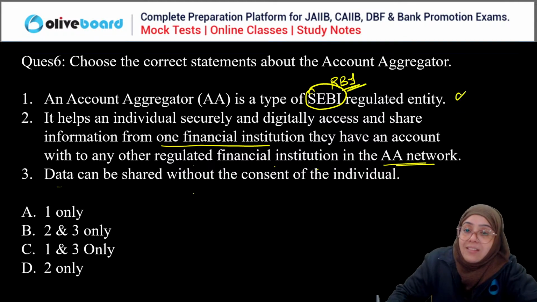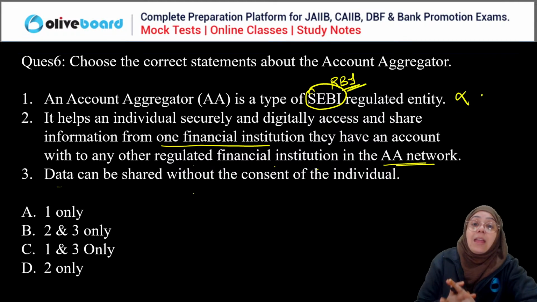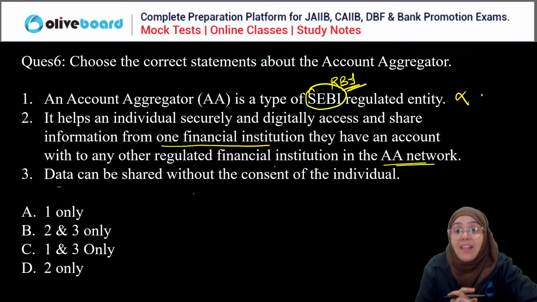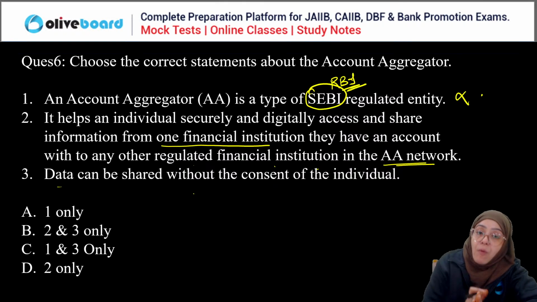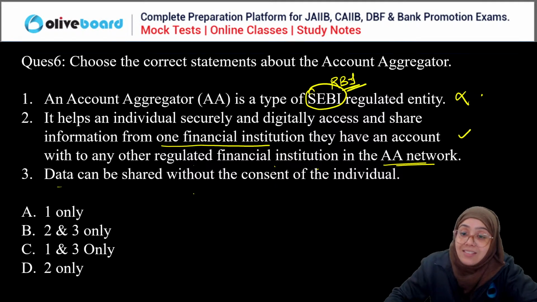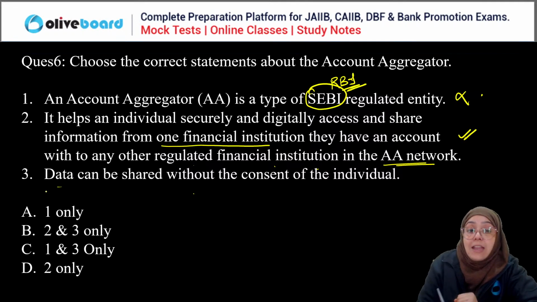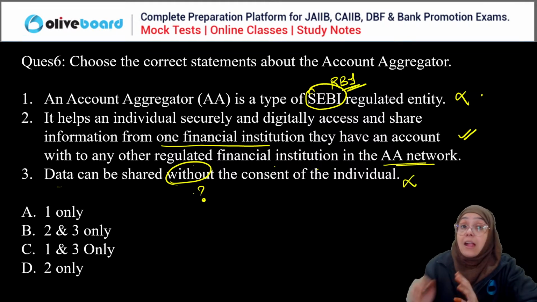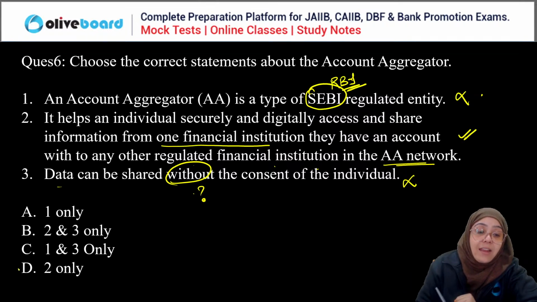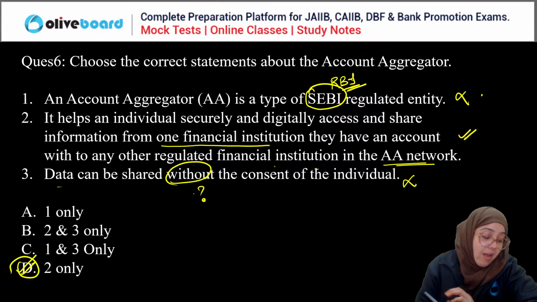So the first is wrong because it is a Reserve Bank of India regulated entity. Second, it helps an individual securely and digitally access information from one account to another within the AA network. That is correct. Third, data can be shared without the consent of the individual. That is wrong. Consent is very important. So only the second is correct. Yes, D is the correct answer here.